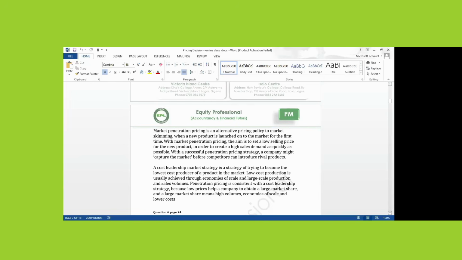Market penetration pricing is consistent with cost leadership strategy.